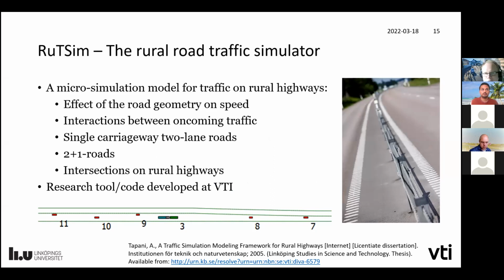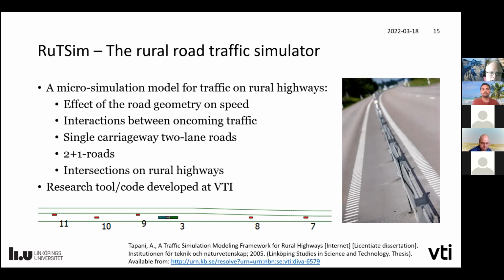Now SUMO, Aimsun, VISSIM start to also have oncoming traffic. So there might be less need to have our own code, because of course you need to keep track of it. But it's a model for rural highways where we have effective road geometry and interaction between oncoming traffic.